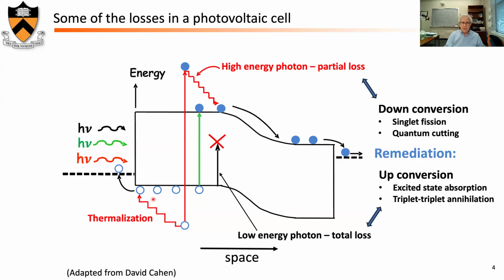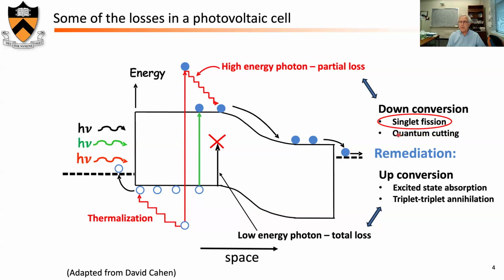So remediation to these two types of losses: for the low energy photon, eventually you can do upconversion, excited state absorption, or triplet annihilation. And for the thermalization, one process is quantum cutting, which I will not talk about today.